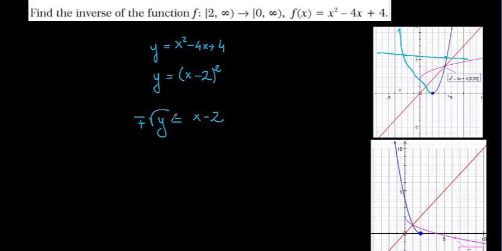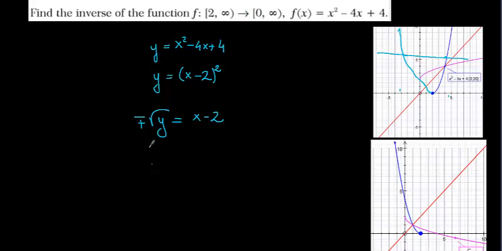And which one am I going to use, plus or minus? Now this interval defines the sign. Here both of them are positive. That's the y. That's why we are going to use the positive one.